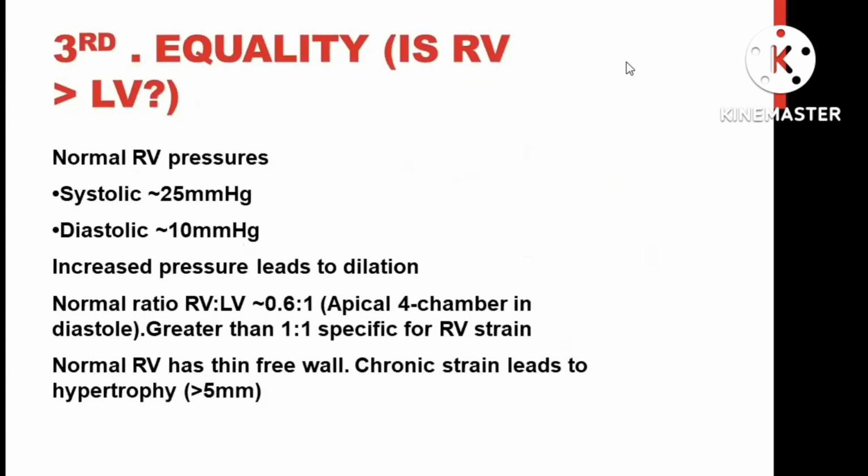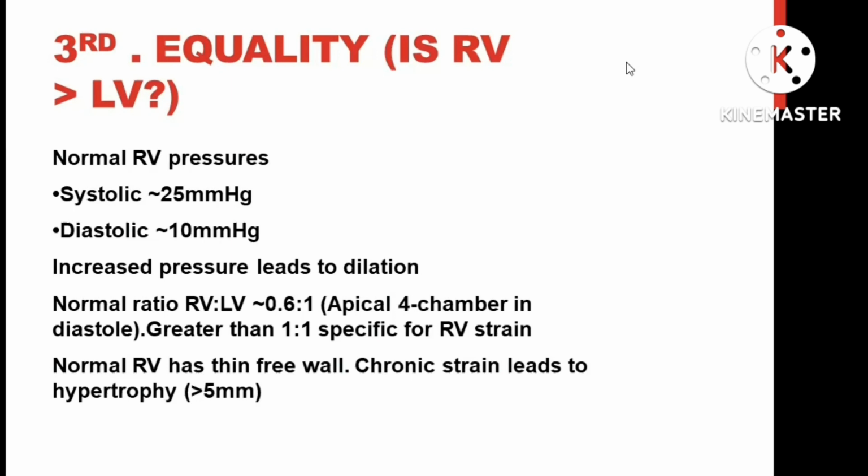Equality of right and left. Right ventricle greater than left ventricle. The normal RV pressure during systole is 25, diastole is 10. The normal RV to LV ratio is 0.6 to 1.